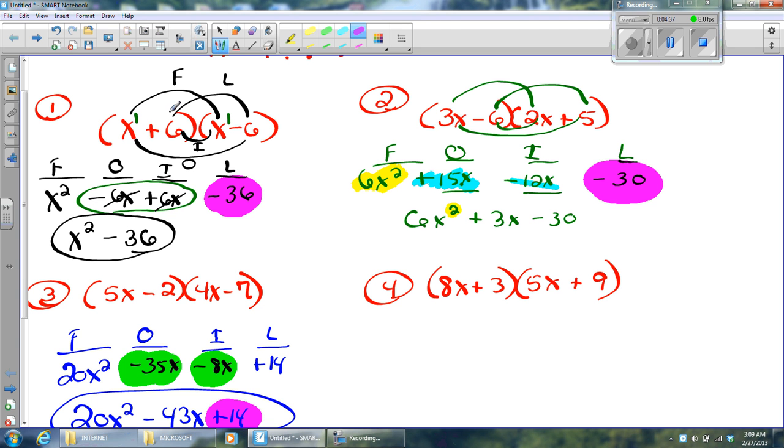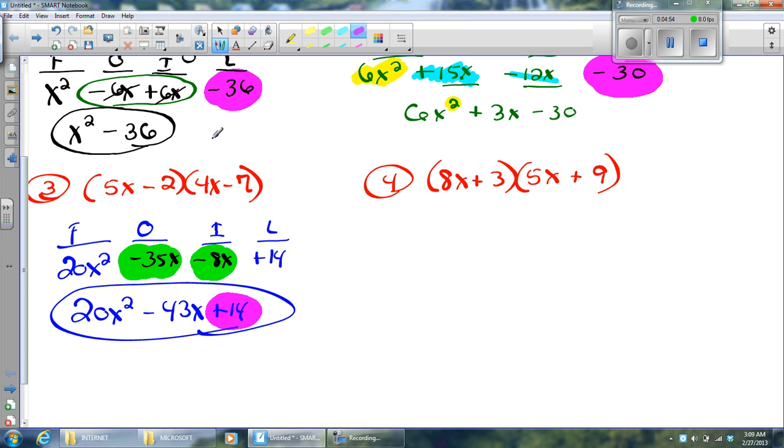Well, if you look, I have a plus and a minus. And I multiply a positive times a negative, I get a negative. Here I have a minus and a plus. And when I multiply a negative times a positive, I get a negative. Right? And then in this one, I have 2 negatives. Well, I get a positive. Right? There you go.